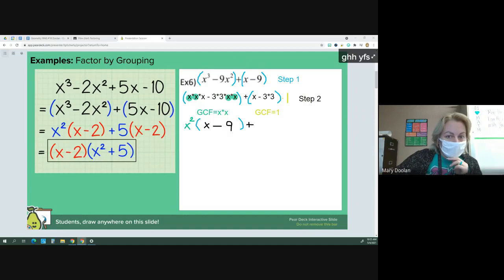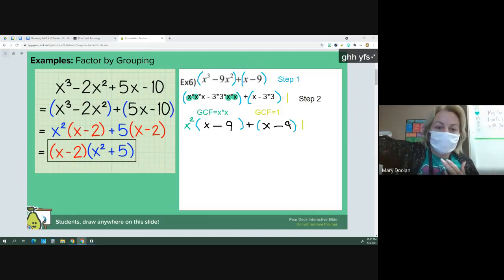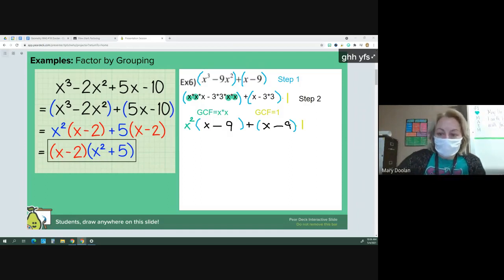I wasn't able to change this, so I'm going to put it back as x minus 9. And this is being multiplied by 1.